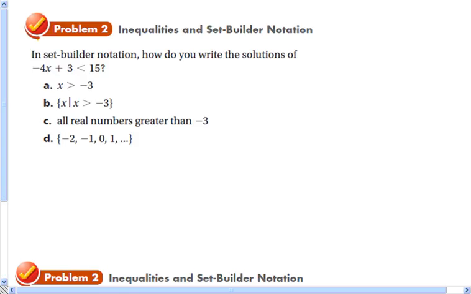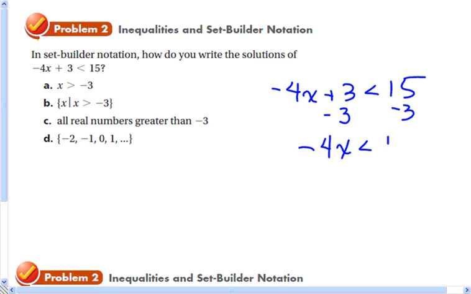In set builder notation, how do you write the solutions of negative 4x plus 3 is less than 15? Let's get the solution first. Using the subtraction property of inequalities, I get negative 4x is less than 12. Using the division property of inequalities, I get x is greater than, we had to reverse the sign there, negative 3.